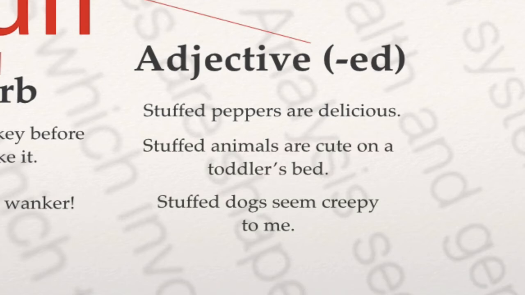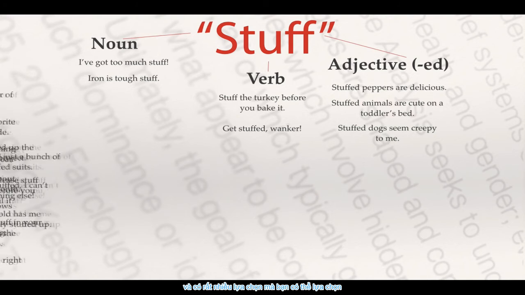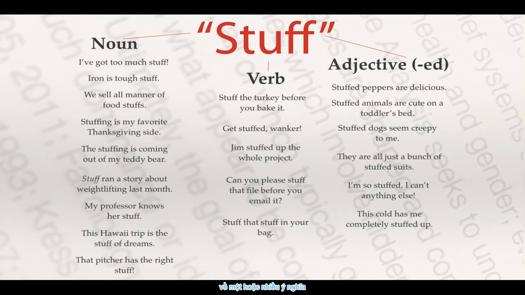So a lot of what we do with the meaning of the word stuff, and there's lots more choices that you can make about stuff, a lot of the meaning is coming from having the other parts of the sentence around it. So how that meaning is created is dependent on other things.